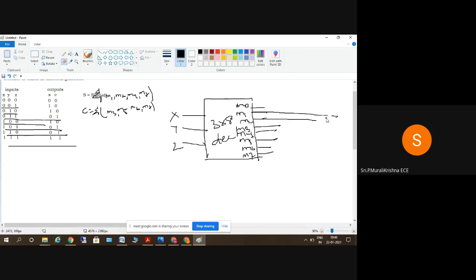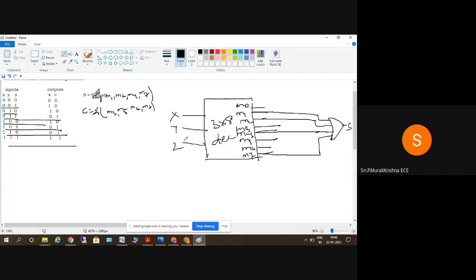What are the remaining things? And we have M4, M7. This is M4 and M7. So all these four are given to one OR gate. So this is sum.